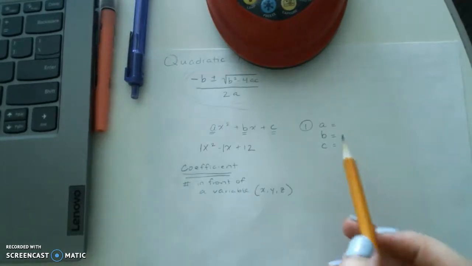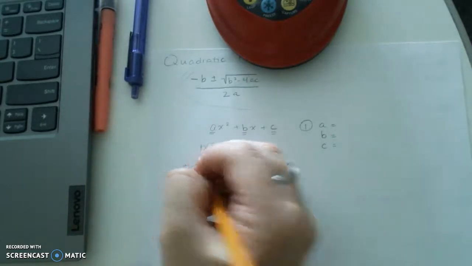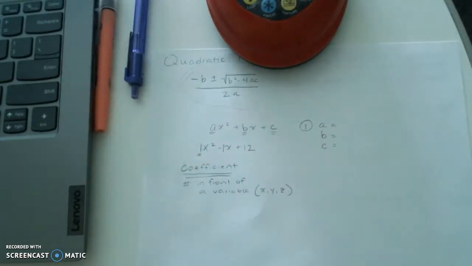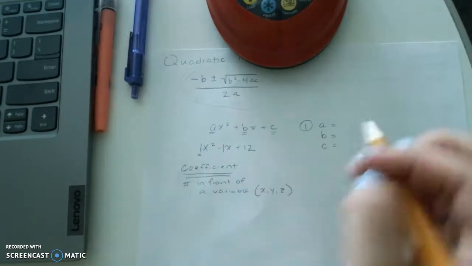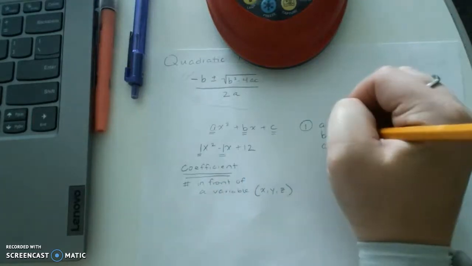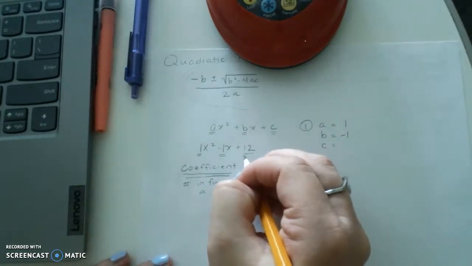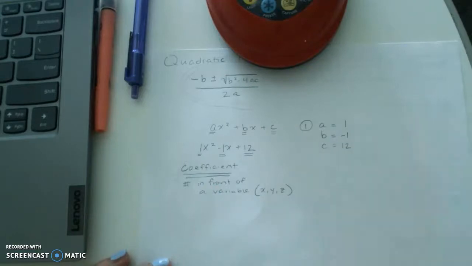So let's determine what our A, B, and C are. Our A is 1. It's whatever the coefficient in front of the x squared is. So A is 1. B is whatever is in front of the x coefficient. So that is a negative 1. We have to take the sign with us. And lastly, C is our constant. What is a constant?